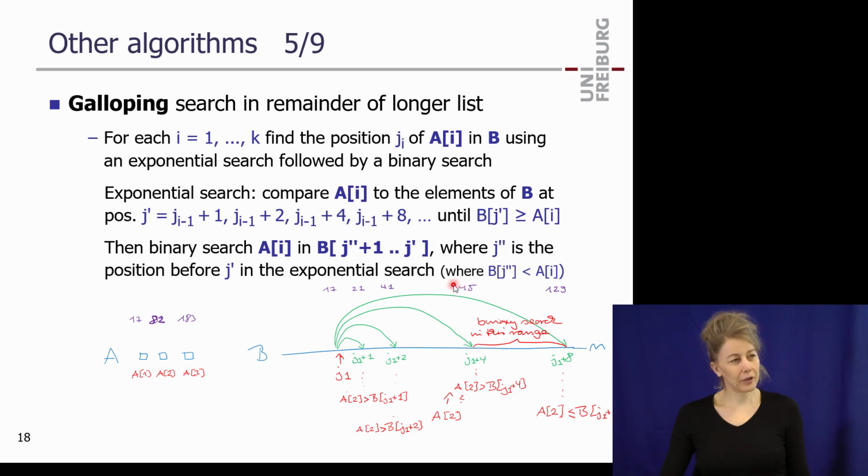Yes? I'm not quite sure why this is asymptotically faster, because in the worst case we have half of the space where we have to do the binary search, or am I thinking wrong? There are doubts whether this is asymptotically faster, and it's good that you have these doubts, because the proof is not at all trivial. The question is, is this faster?